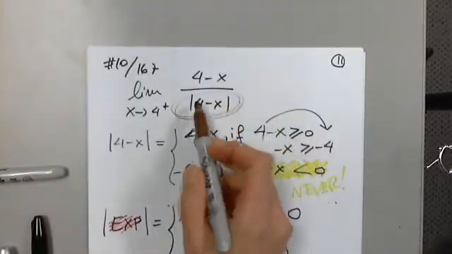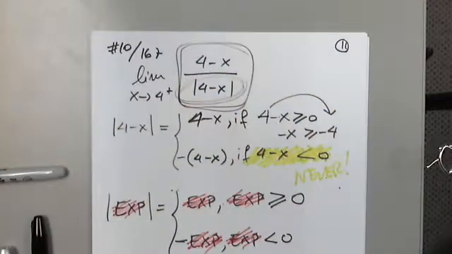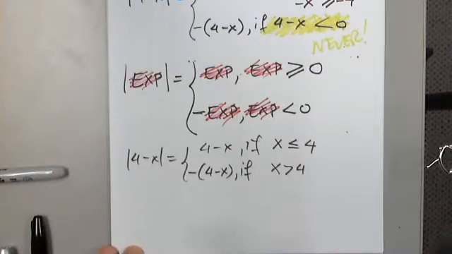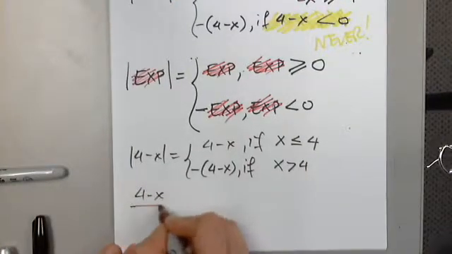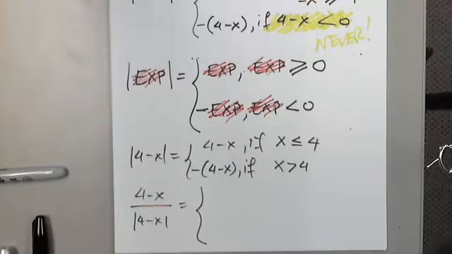As you've noticed, our function is only this piece. What we just did is only this piece, but the function is the whole thing. So now I'm ready to write 4 minus x over the absolute value of 4 minus x. What is the first possibility?